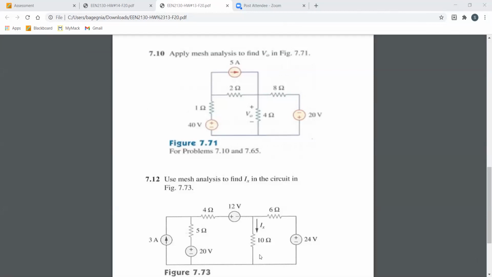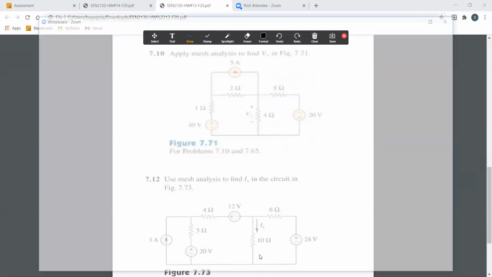When you go and you share, there is something called whiteboard. You click on that one and hit share, and then the whiteboard will show up, and then you can draw the circuit, just like this here.